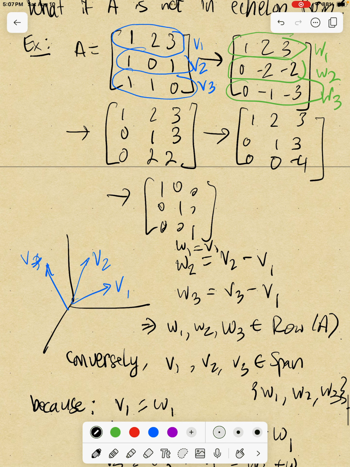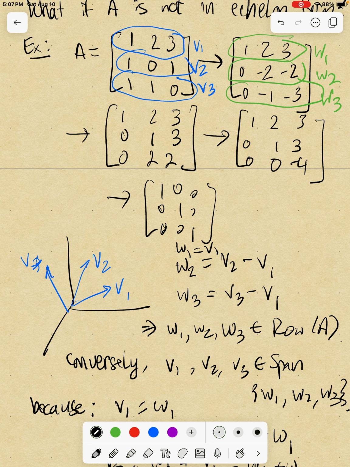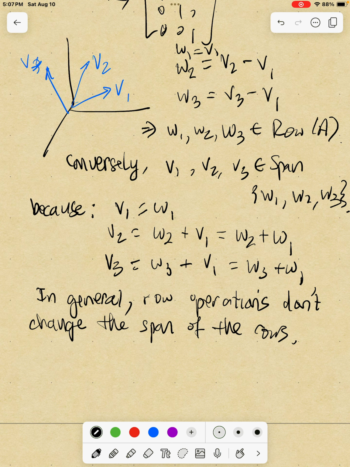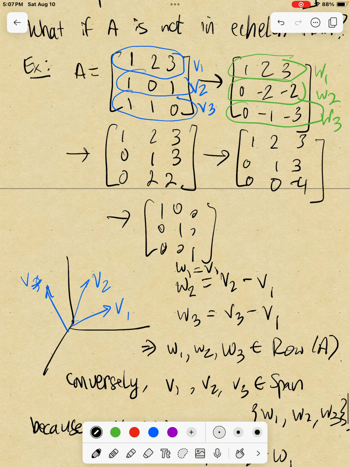And that's because when you do a row operation, you're just replacing one row by a linear combination of the other rows. And each row operation is reversible. That's important. The fact that you can reverse these means that you can write V1, V2, and V3, the original vectors, as linear combinations of the rows of the new matrix.